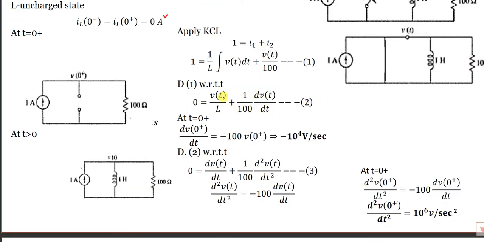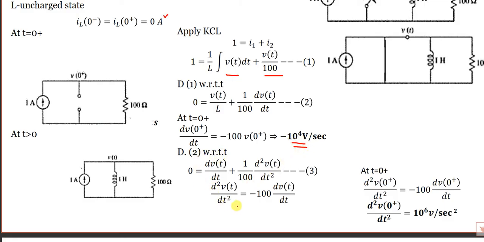You have to write KCL: current 1 amp equals current through the inductor plus current through the resistance. Differentiate, you get v of t by L, and then 1 by 100 dv by dt. At t equals 0 plus, you will get 100 times v of t by L, where L is 1, so 10 power minus 4, not 10 power 4.